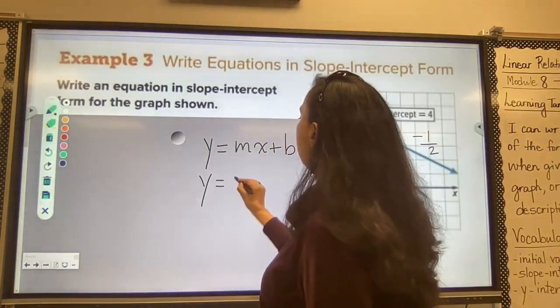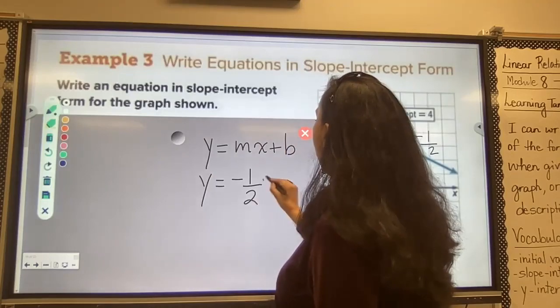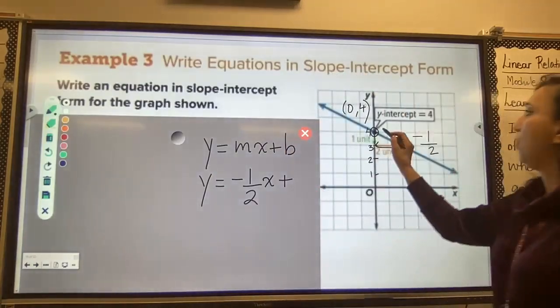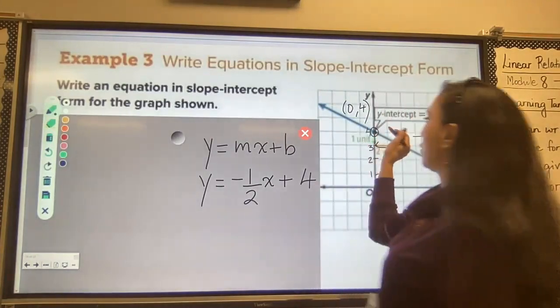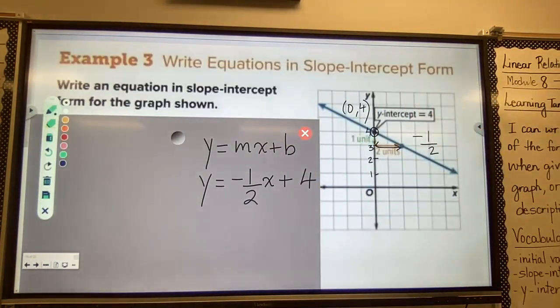So y is equal to negative 1/2 x plus, where is the y-intercept? It is at 4. So we're just going to substitute those values into this equation. All right, so the equation of the line is y is equal to negative 1/2 x plus 4.